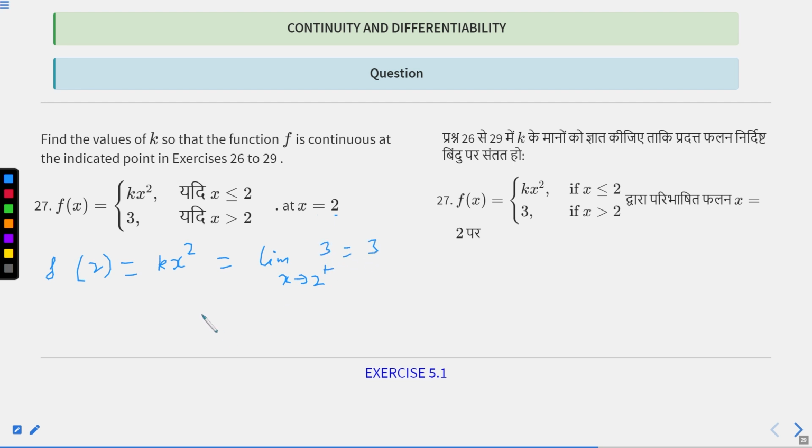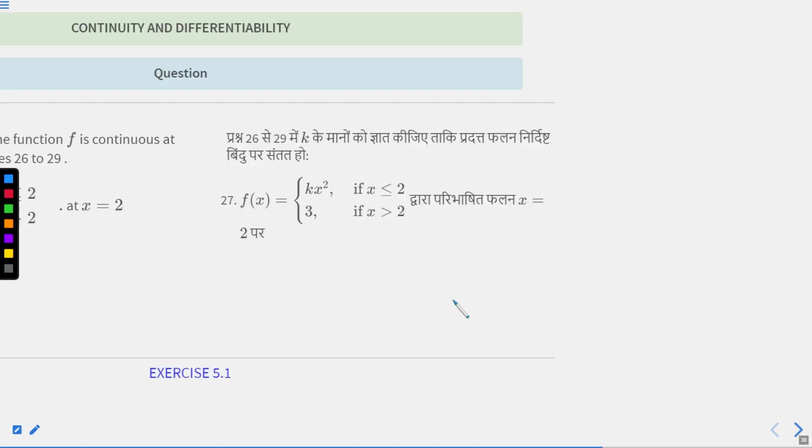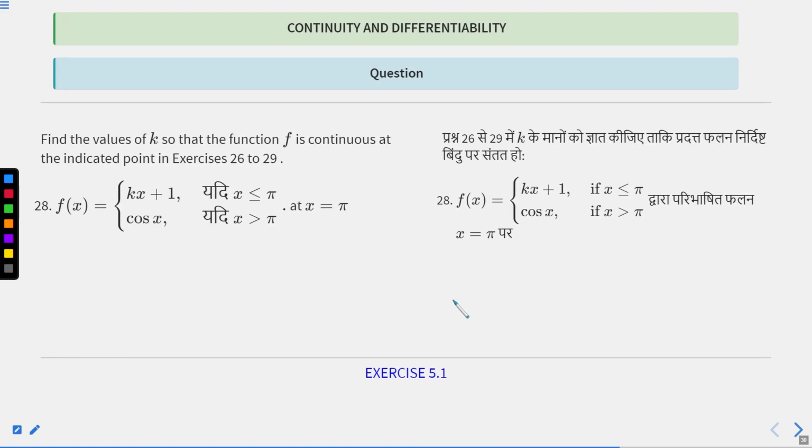So f of 2 will be k times 2 square, which will be 4k equal to 3. This means k will be 3 by 4. So your value for k will be 3 by 4 in this case. Now the 28th problem.